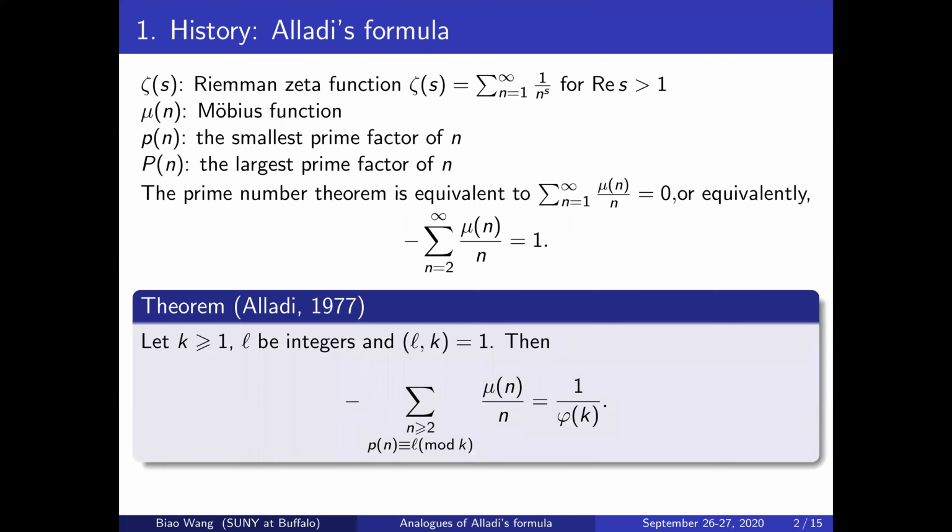He proved that if l and k are coprime integers, then the following restricted sum is 1 over phi of k.